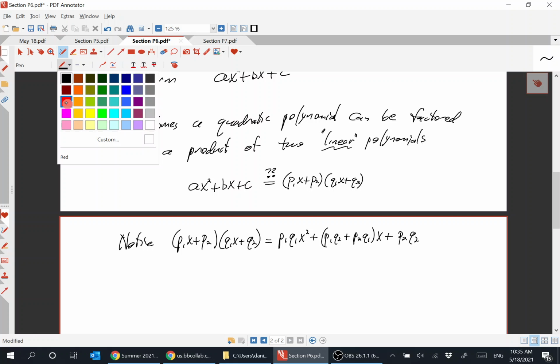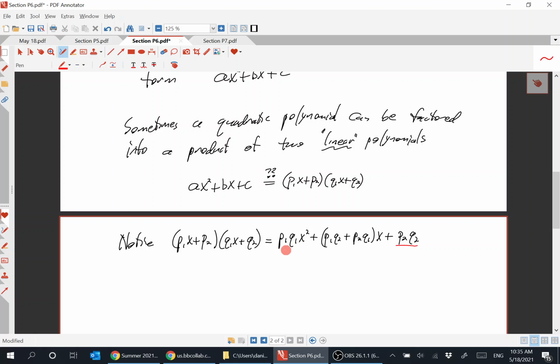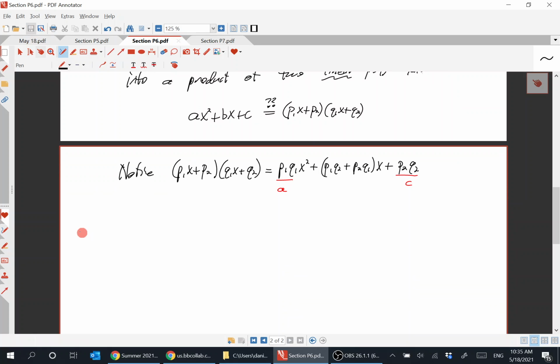So this final number and the first number are the ones really to look at, right? So p2 q2 should be equal to C, and p1 q1 should be equal to A, and the middle one is a little bit harder to put your finger on, but when you find out the possibilities for A and C, then you see which one, if any, works out here.